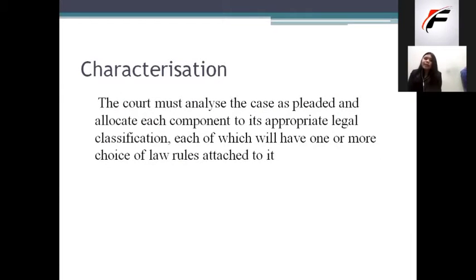Next is characterization. The court must analyze the case as pleaded and allocate each component to its appropriate legal classification, each of which will have one or more choice of law rules attached to it.